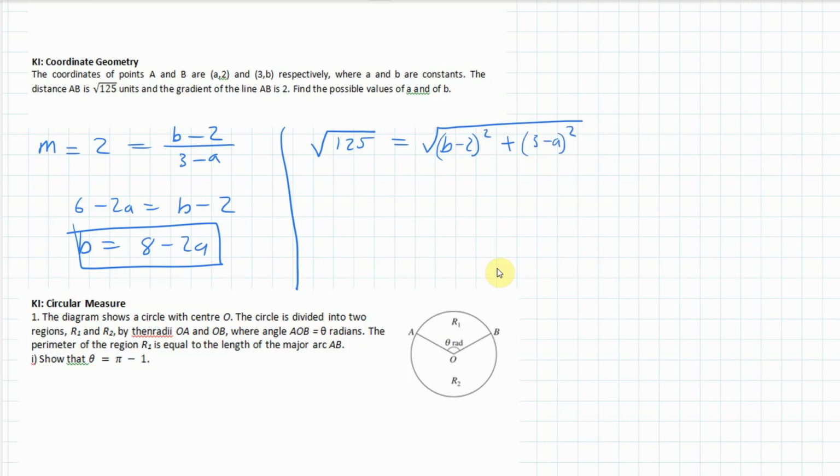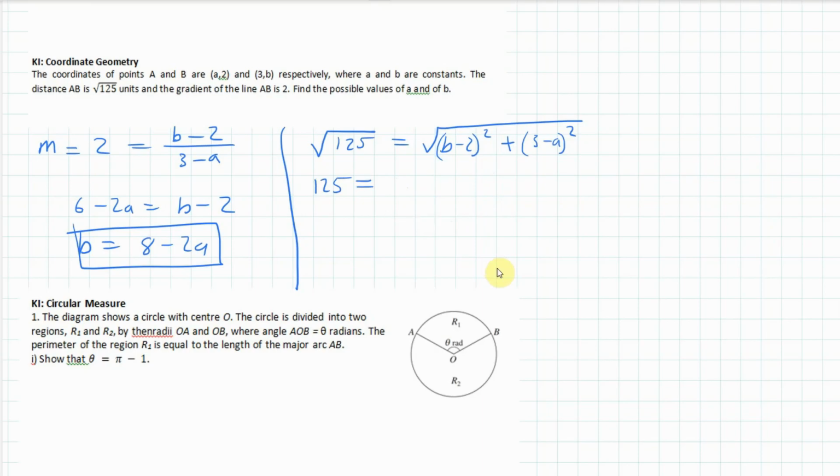Now what we can do at this point is we can get rid of our a's. So, and we can get rid of the square roots, okay? So we can say 125 is equal to b minus 2 all squared, and then plus, now instead of a, I'm going to have 3, now it's a minus a, so I'm going to go, oh sorry, I should be getting rid of my b's, not my a's. What a Larry. Okay, getting rid of the b's.